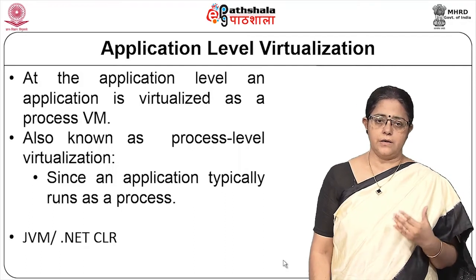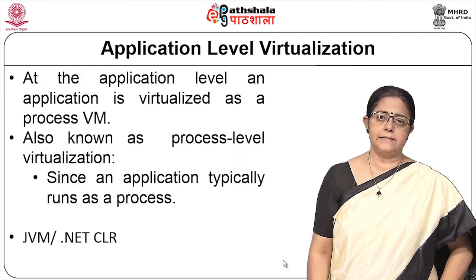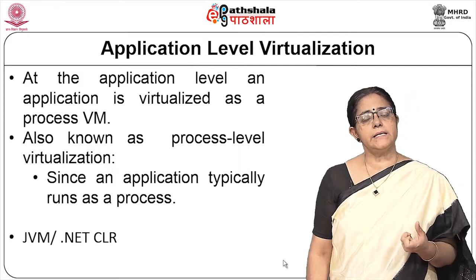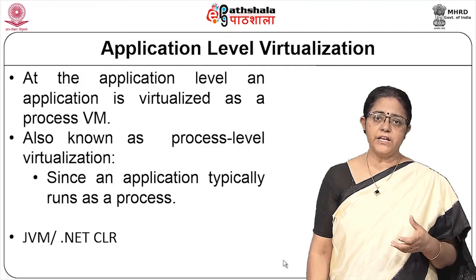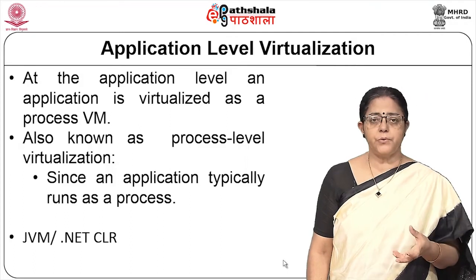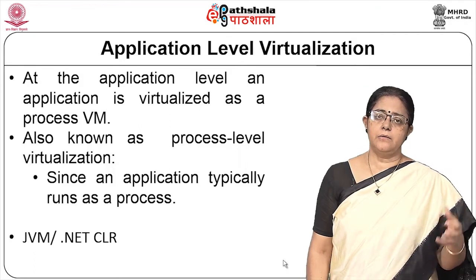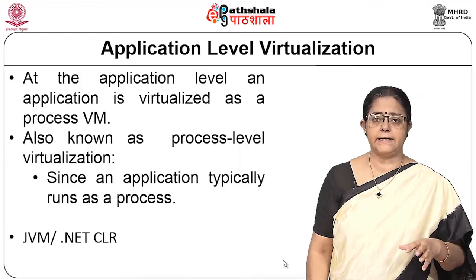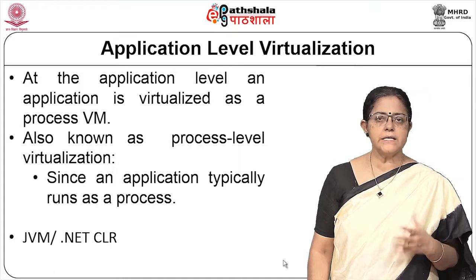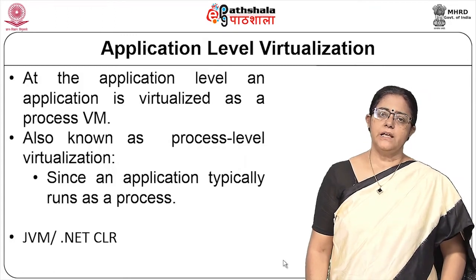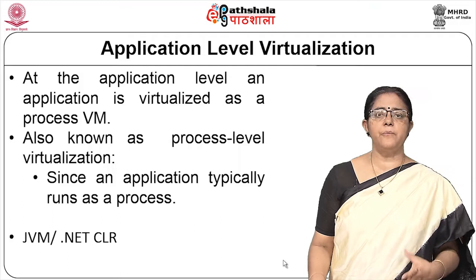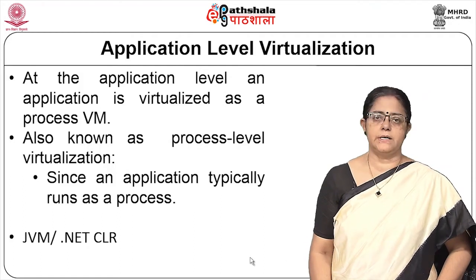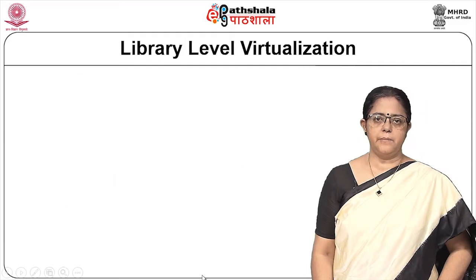JVM or the .NET CLR are typical examples of this, where the Java Virtual Machine is a mechanism using which a Java program can be ported to various architectures, various hardwares without any problem. So, therefore, the platform independence is brought into Java because of this. .NET CLR also is a similar mechanism.